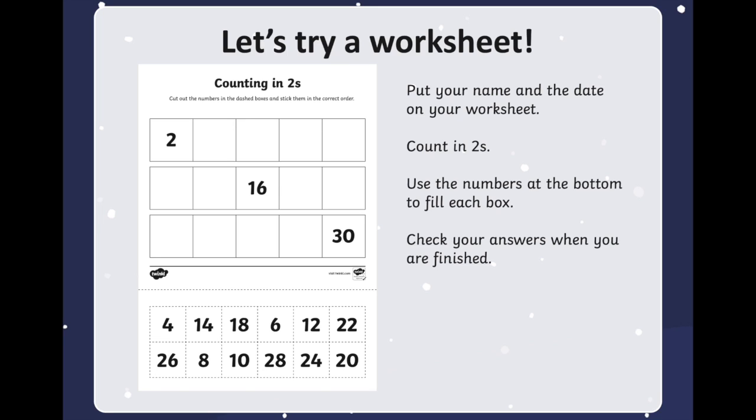Now, let's challenge ourselves a little bit more to follow the counting pattern from 20 until 30. Here we will put 22, 24, 26, 28, and 30. Wasn't that easy? Well done, everyone.